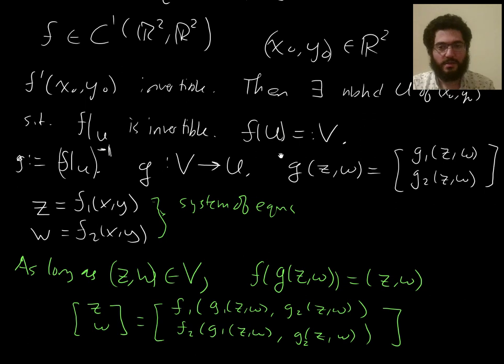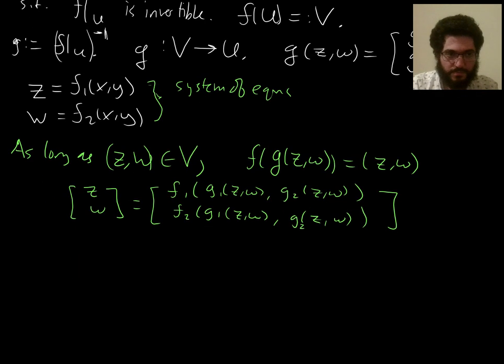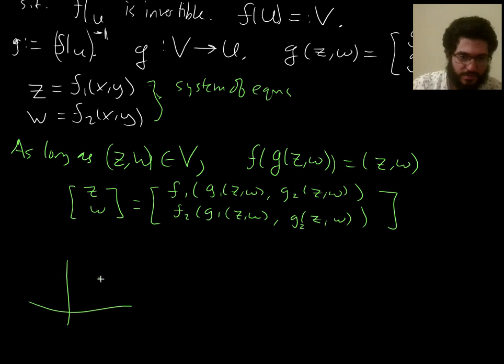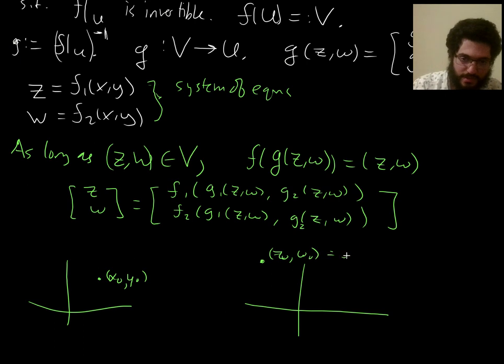then near to, here's R2, here's x naught, y naught, here's another copy of R2, here's, let's call them z naught, w naught, which is what I'm calling the image under f of x naught, y naught. F goes this way, right?